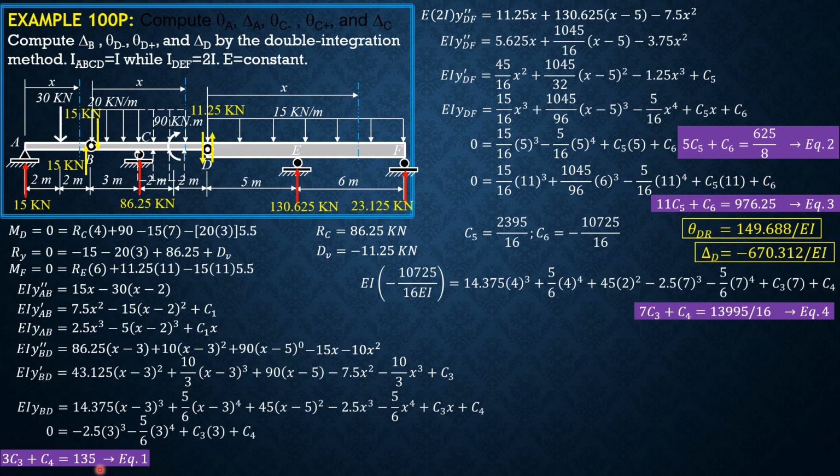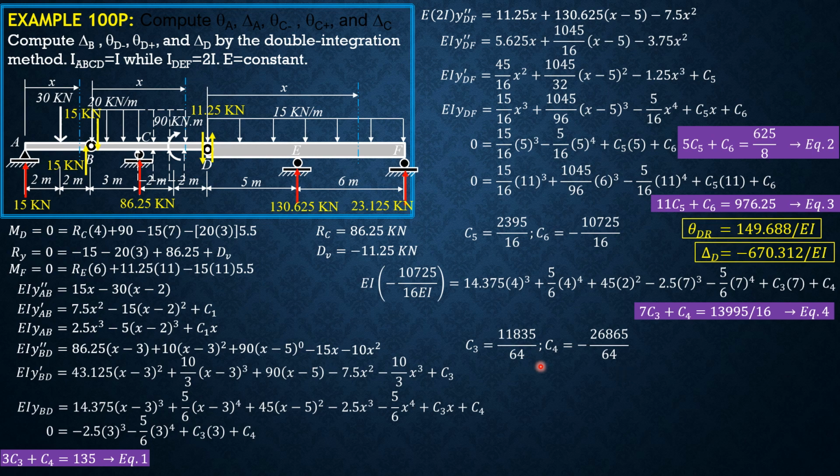We then solve equations 1 and 4 simultaneously by eliminating c sub 4 for convenience. So we get these three constants. Again, c sub 3 is the slope just to the right of B when x is 0 for BD, while c sub 4 is the deflection at B. So solving equations 1 and 4 simultaneously, c sub 3 is 1185 over 64, while c sub 4 is negative 26865 over 64.